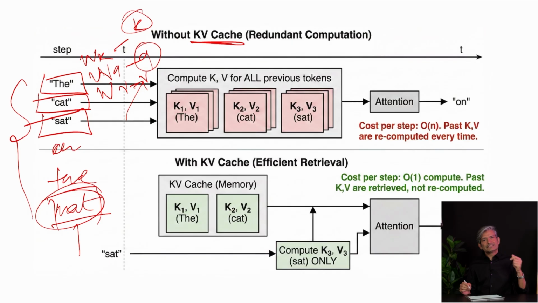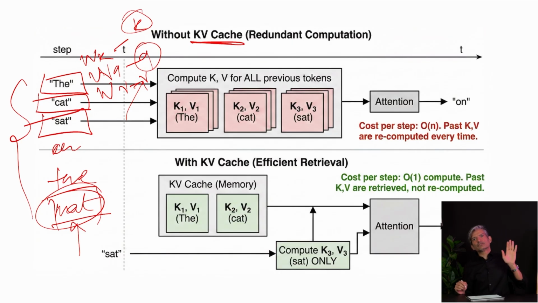But the simplest optimization that you can do is to remember the keys and values that you have created in the past. The queries don't matter, because you don't really use the old queries when working with the word mat. But you need the keys and values, because you would take the query of your mat and do a dot product with the keys of everything, and then use the values of everything.